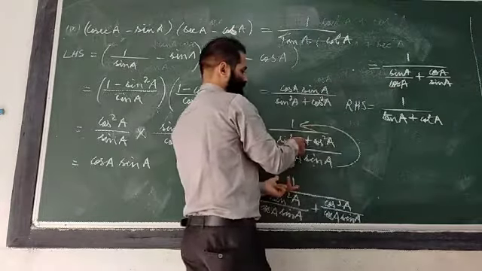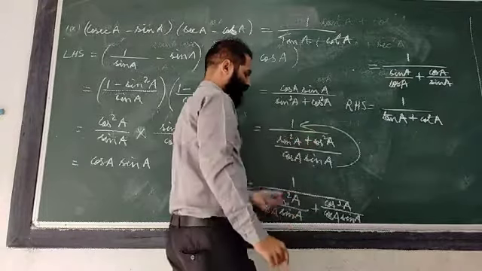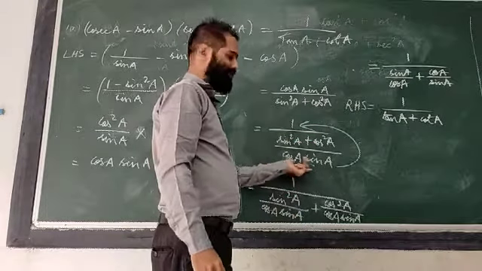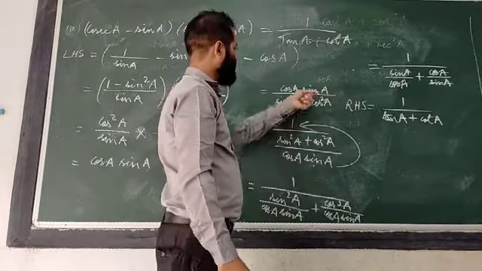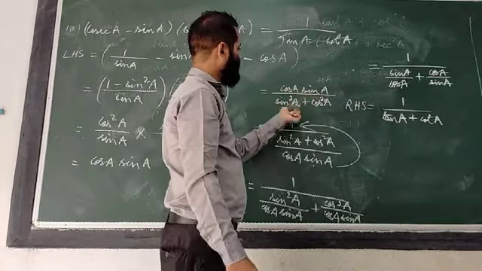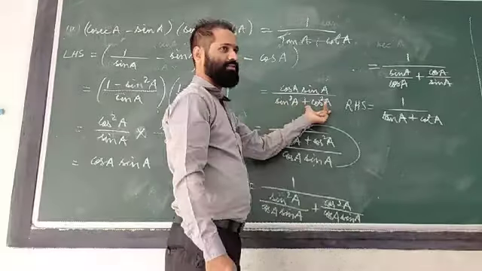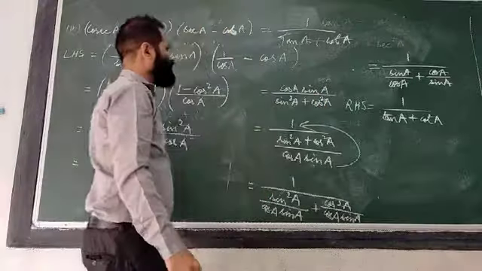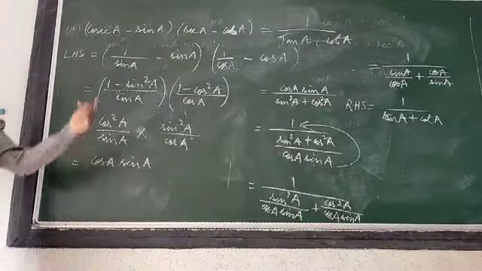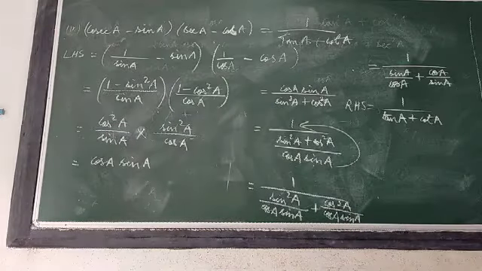It will be sin square A plus cos square A. Now this is in the denominator in divided form, that will be transferred to the numerator. That means this will become cos A sin A by sin square A plus cos square A. And we know that sin square theta plus cos square theta is 1. So we are having only cos A sin A, and this is your LHS, RHS is the same thing. Reverse process. Okay? That's all.